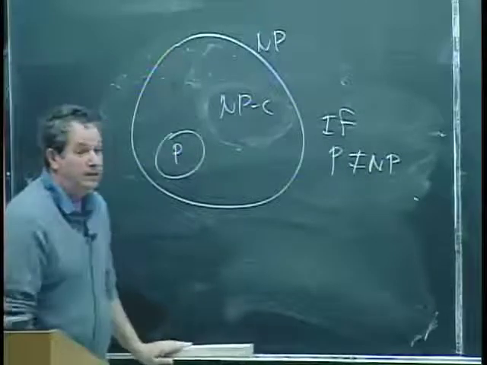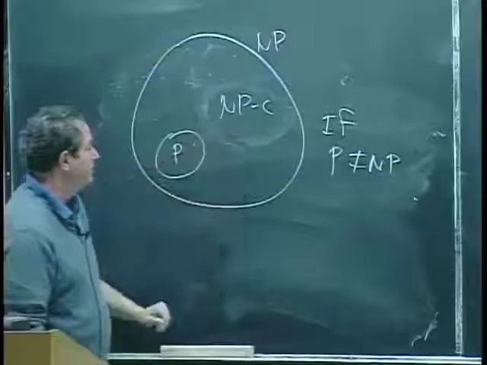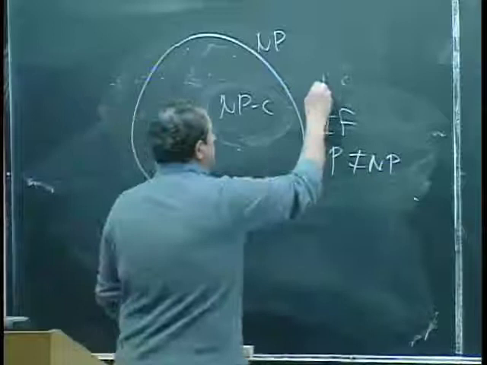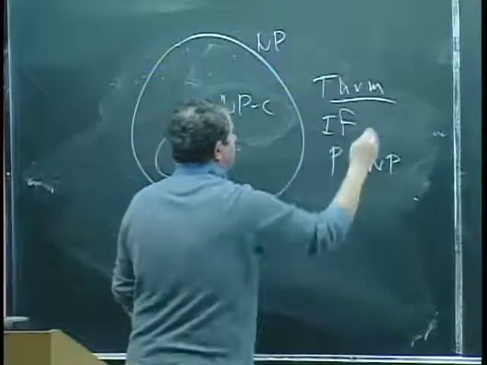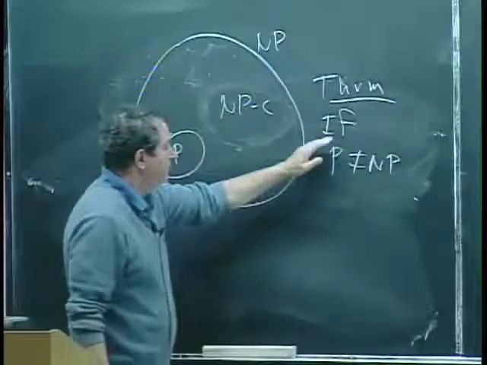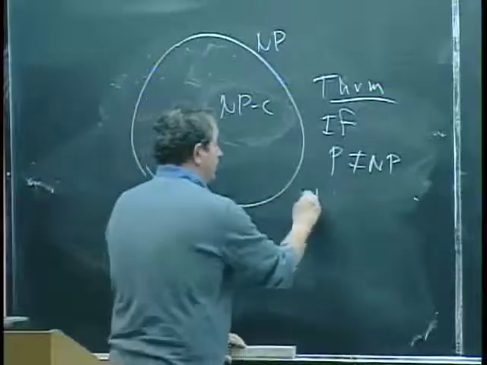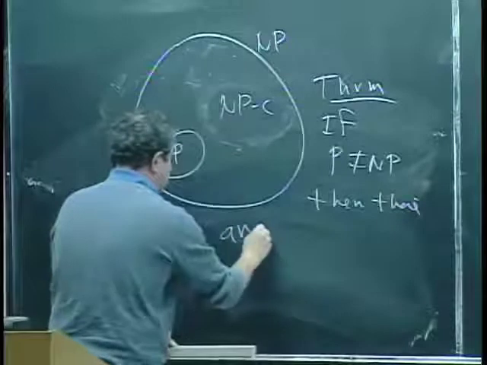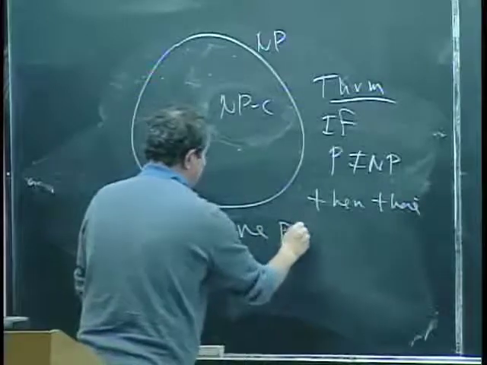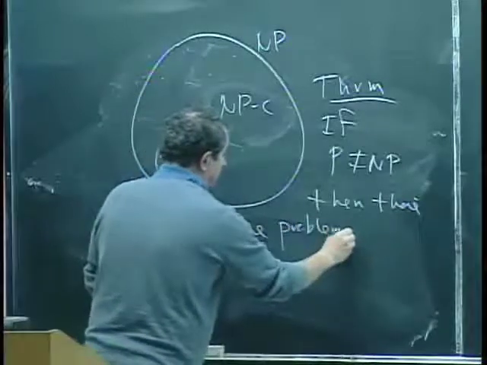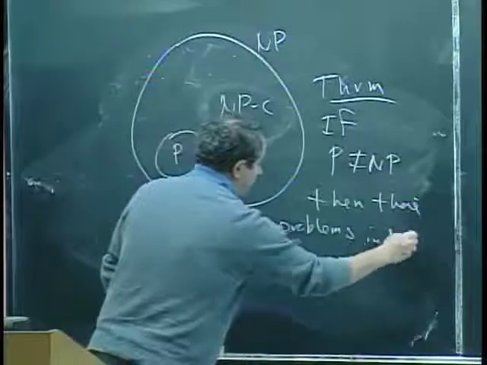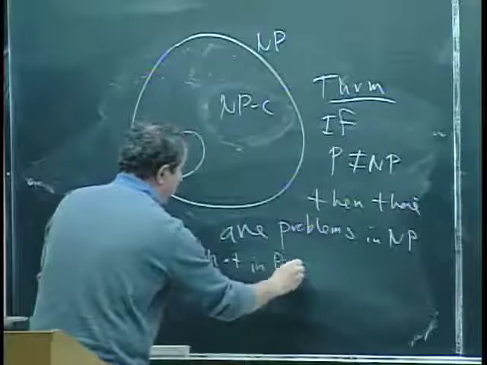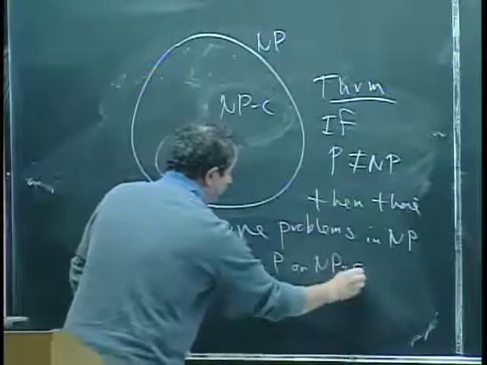But the reality is that the world does not look like this. Nature does not look like this. It's known, this is a theorem, also proven early on in the 1970s, that if P is not equal to NP, then there are problems, or languages, in NP that are not in P and not NP complete.